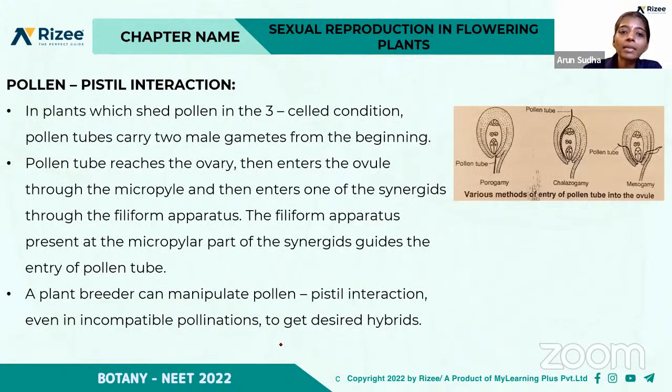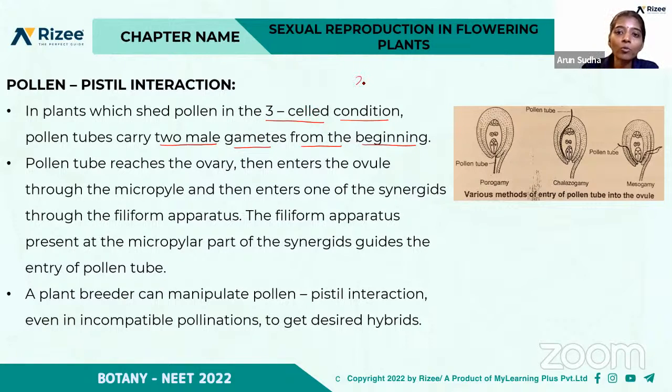But in some cases, the plants shed pollen at the three-celled stage. We saw that in some angiosperms, the pollens will be in the three-celled condition. In that case, the pollen tubes carry two male gametes from the beginning. So even when the pollen is shed, there will be male gametes.